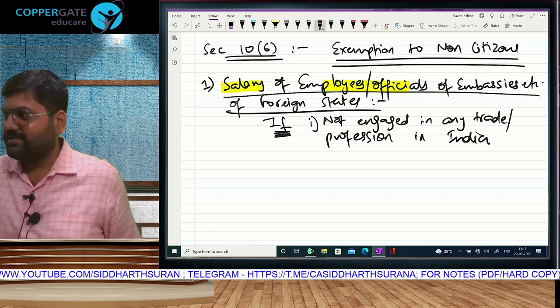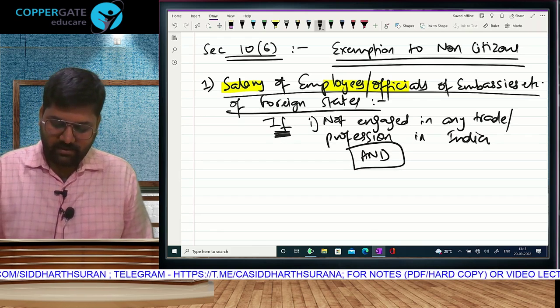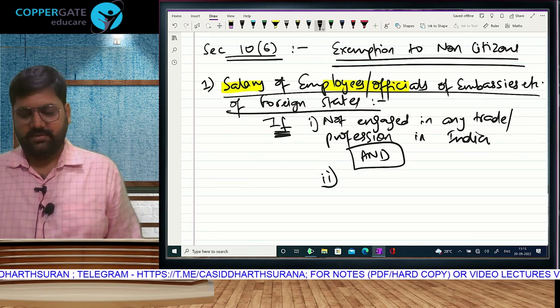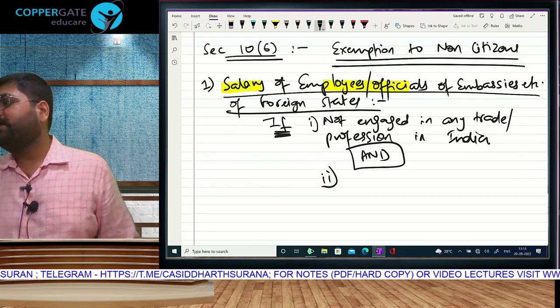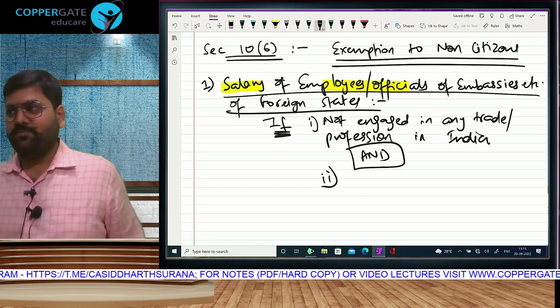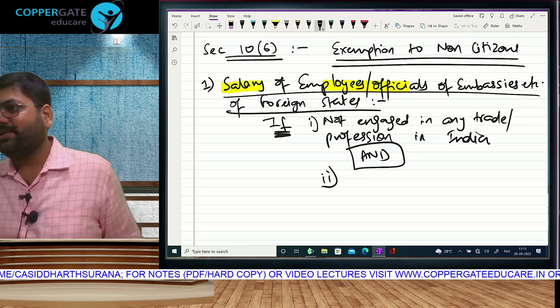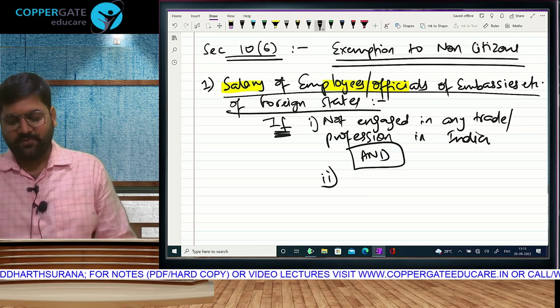Is that clear? Okay. And second condition, sir, and matlab both have to be fulfilled. It's a case of cumulative condition, means both conditions have to be fulfilled.